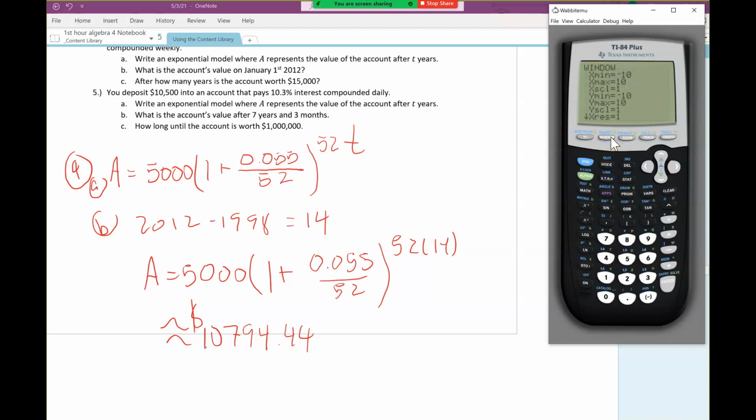And I'll set a window. So X is representing T, which is time. The minimum time is 0, obviously, since time doesn't really become negative.